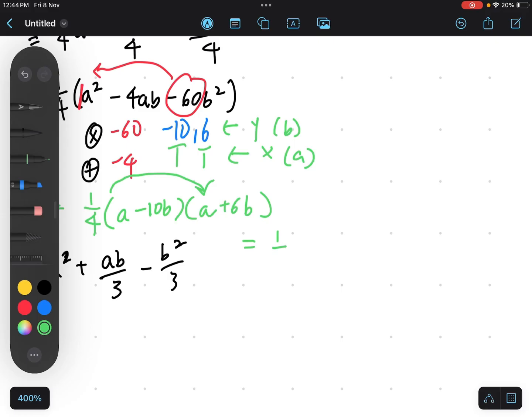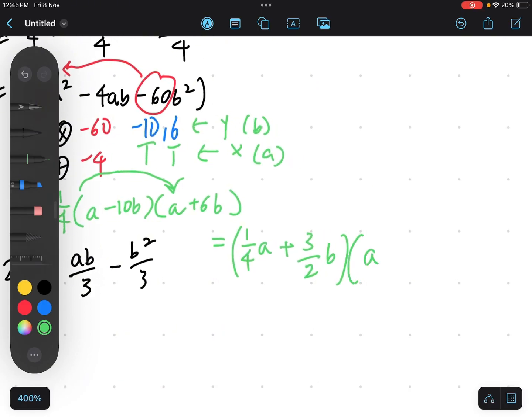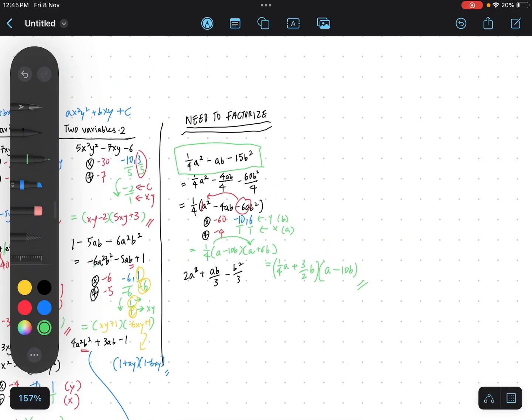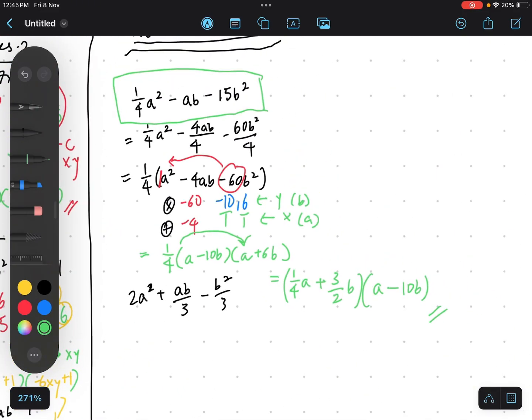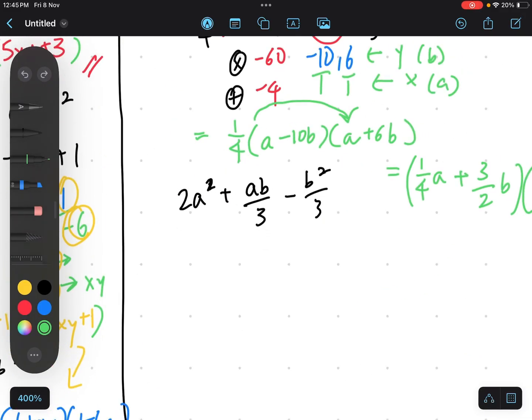So it'll be 1/4 a plus 6/4 b, which we will simplify in here. 6/4 is 3/2 b times a minus 10 b. So that would be our final answer. You see, we took out the 1/4 and then we put it back in, because 1/4 a times a will be 1/4 a squared. The next one is similar.